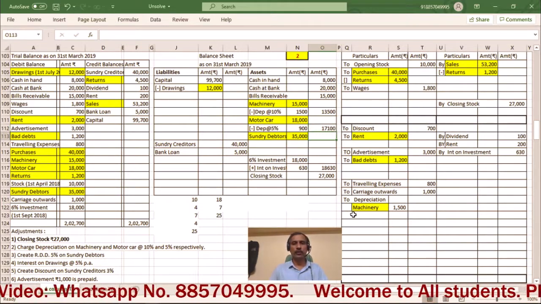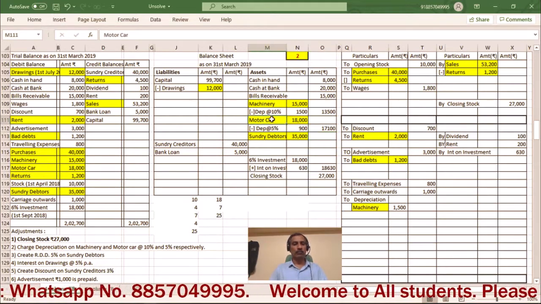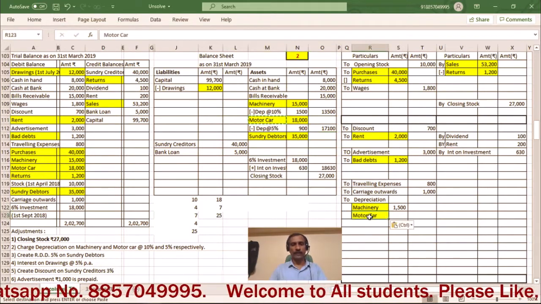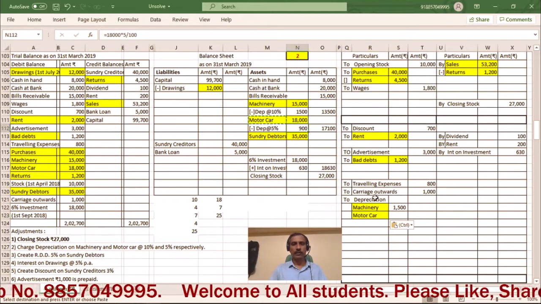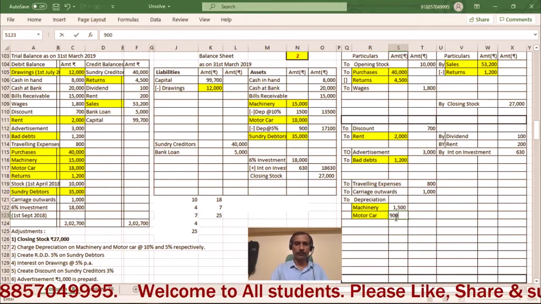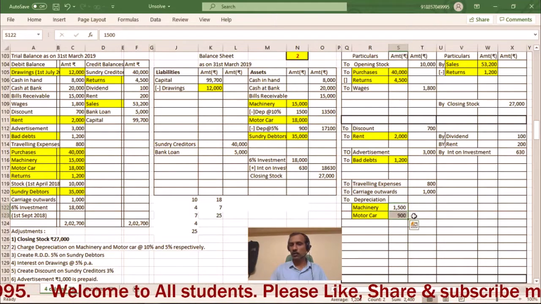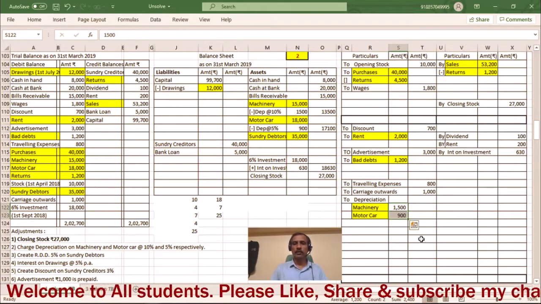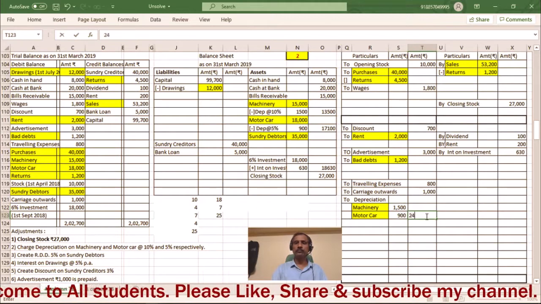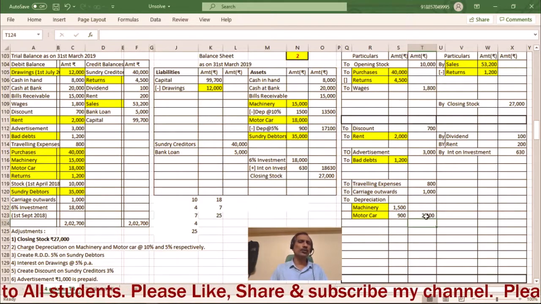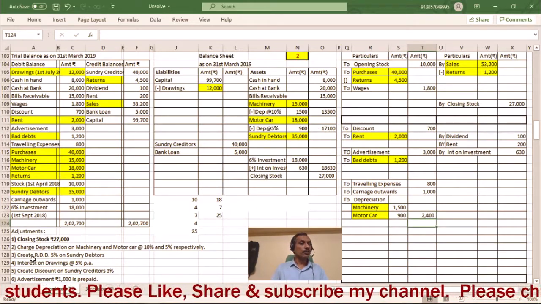This amount we have to show here, motor car. Okay, so the amount we have reduced is 900. Okay, so the total balance we can show in the outer column. So here 2,400, because there are only two adjustments on depreciation.